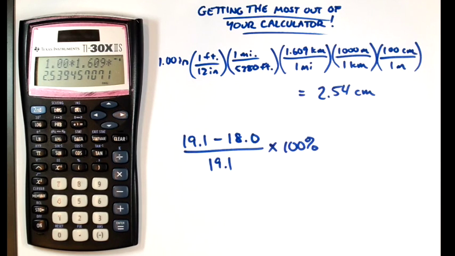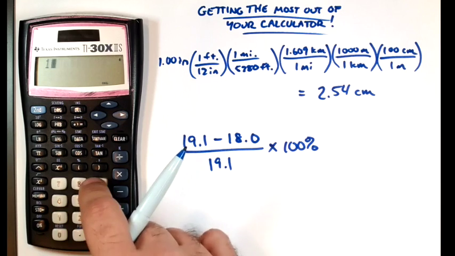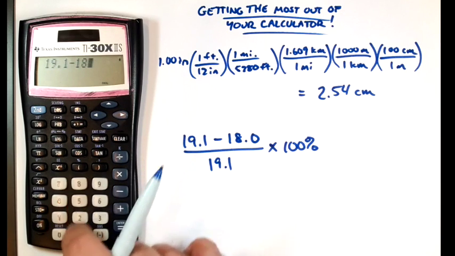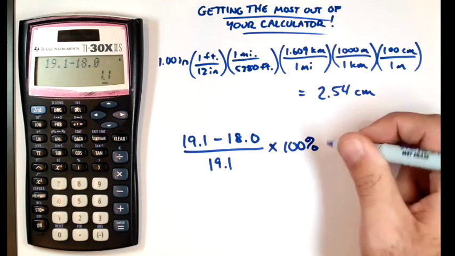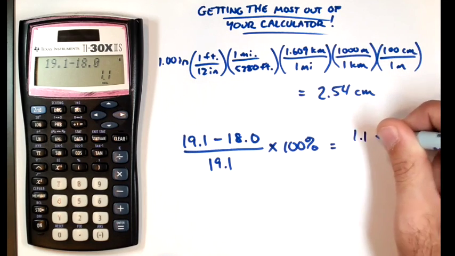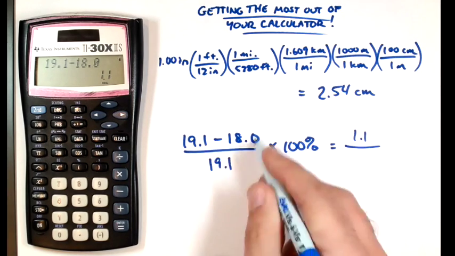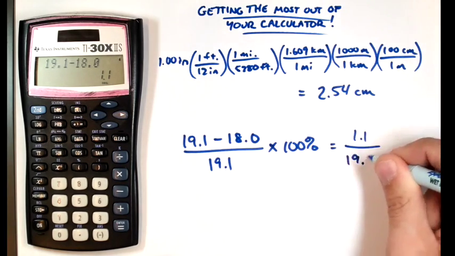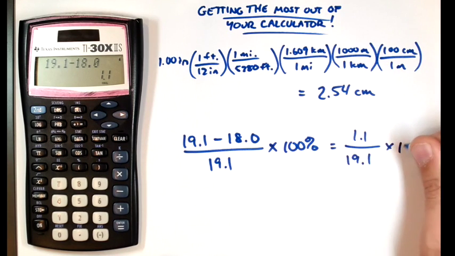And so my recommendation would be to do precisely that. Rather than monkey around with parentheses, try this. You've got that, and so you rewrite the whole thing. 1.1 now is what that has collapsed to, over 19.1 times 100%. And so at this point now you can do the rest of it.